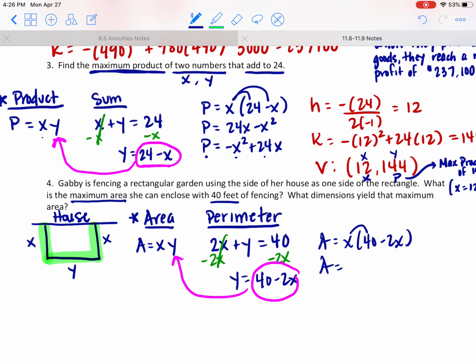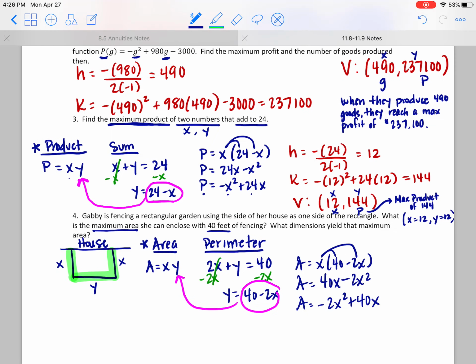That means my new area equation becomes x times, instead of y, 40 minus 2x. So that is 40x minus 2x squared, and then let me put that in order.